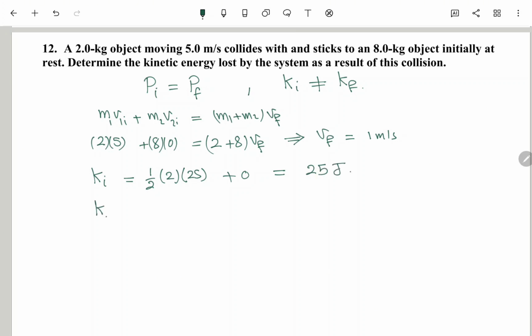Now the final kinetic energy is equal to half the total mass, 8 plus 2, times v final, which we just calculated, 1 squared, so it's equal to 5 joules. Now the lost kinetic energy is equal to, subtract this one from this one, 20 joules.